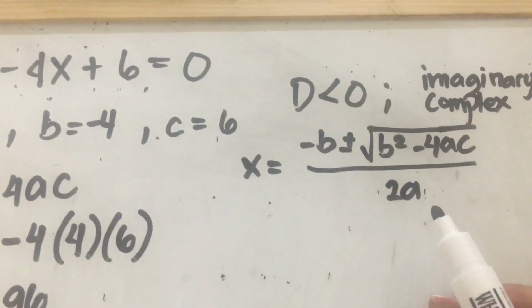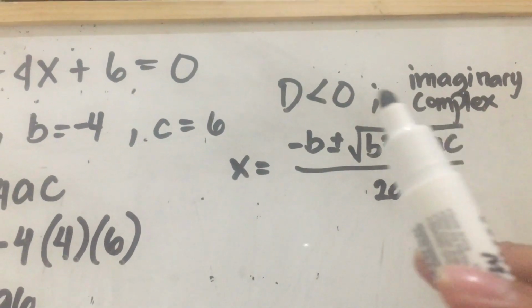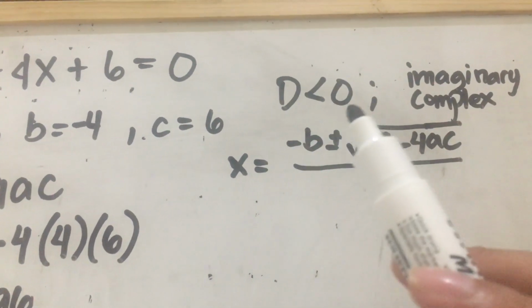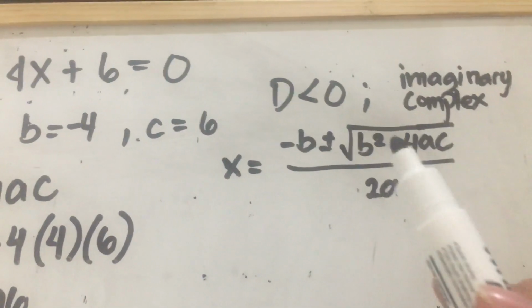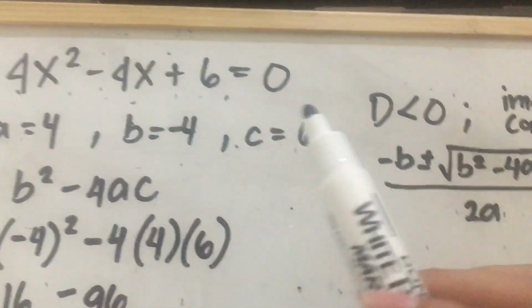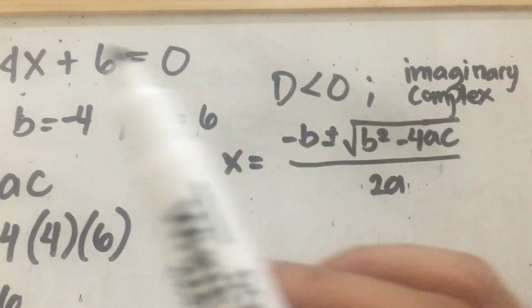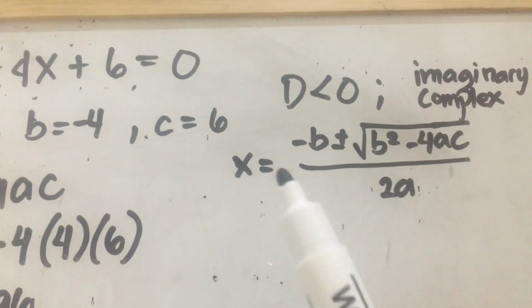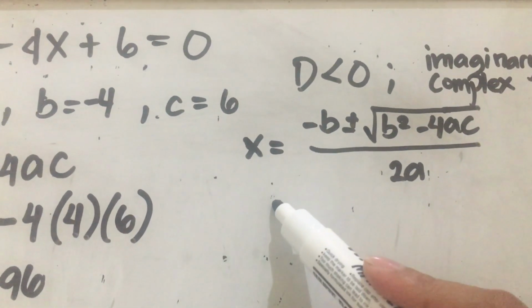Since we already have the guide that our discriminant is an imaginary or complex number, I will no longer use factoring, because I will arrive at an imaginary number. So I will use the quadratic formula to get the roots.